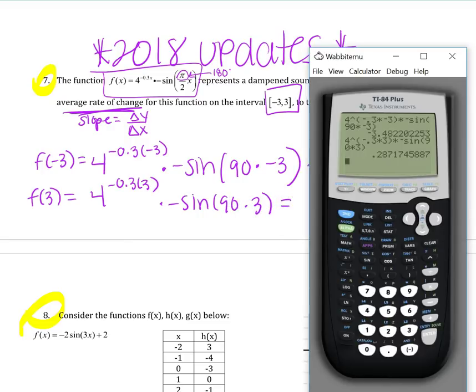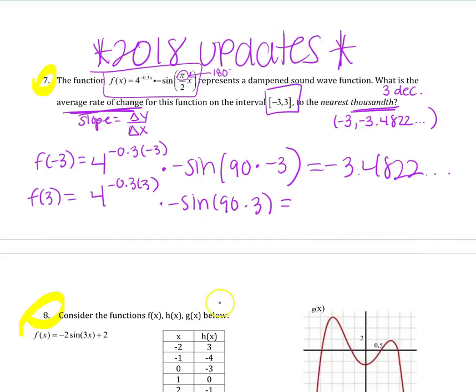Okay, again, I paused the video, but here's my plug-in, and that's how I'm getting 0.287. So my second coordinate point is 3, because that's the x value I plugged in. 0.287, that's the output I got.